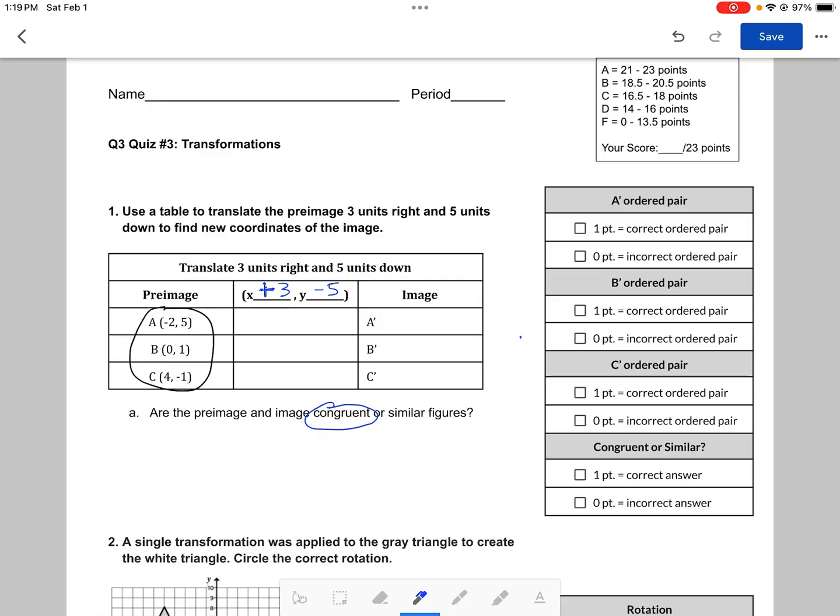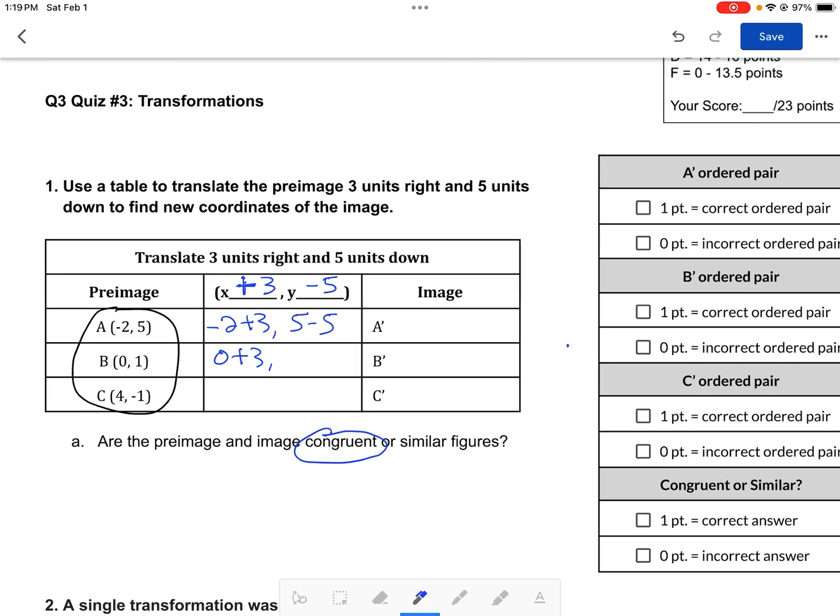So when I do that, that's like saying negative 2 plus 3 and 5 minus 5, 0 plus 3, and 1 minus 5, and then 4 plus 3, and negative 1 minus 5.